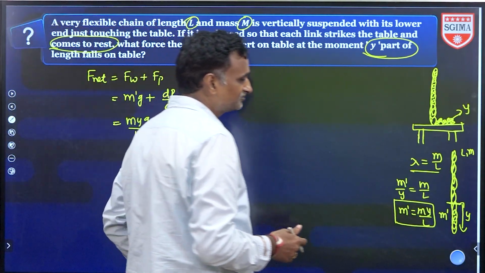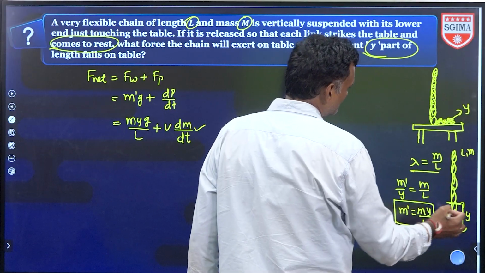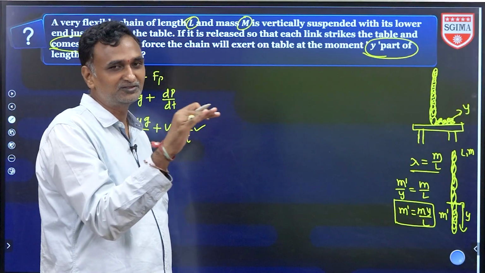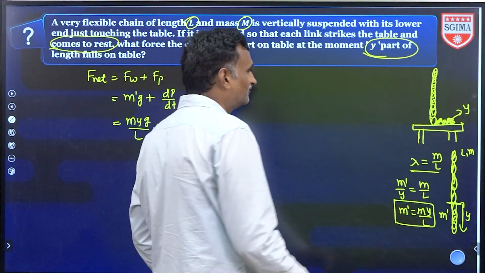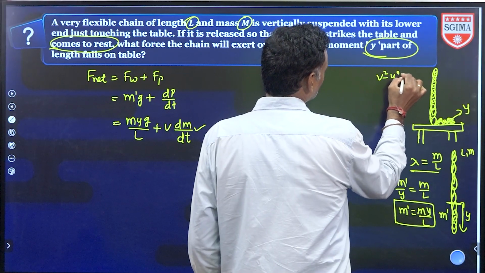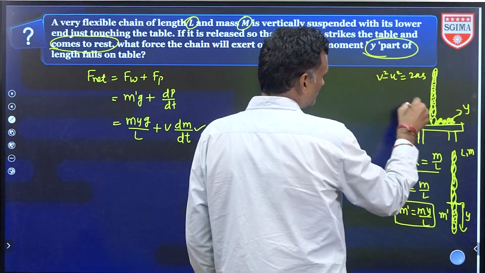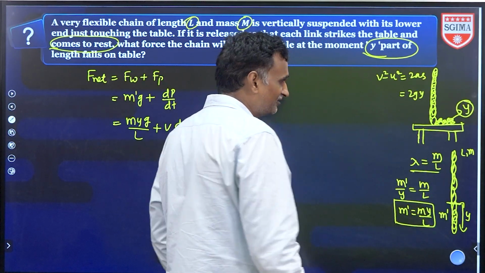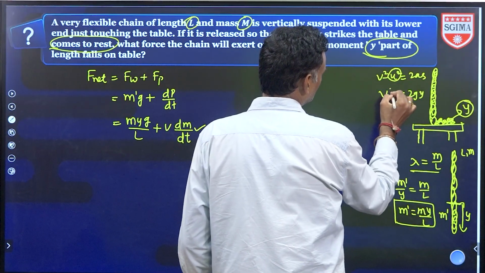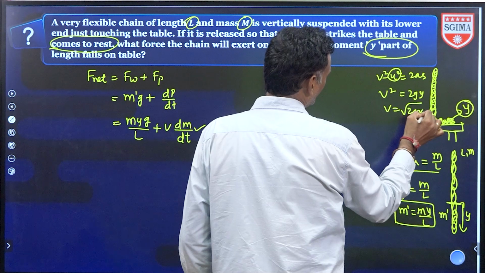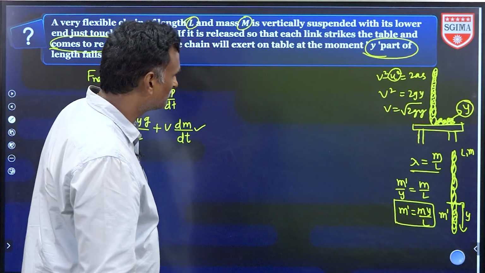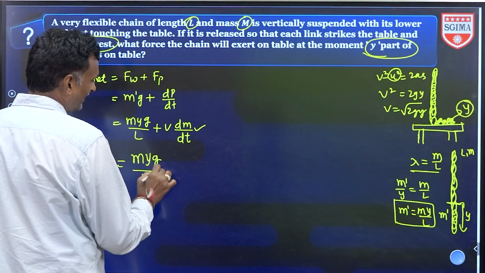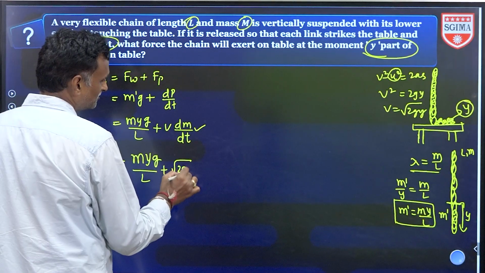But from the same height, suppose each link comes from this height and falls on the table. Whenever it falls from a certain height, what velocity will it strike with? From v square minus u square equals 2as, for downward falling, 2gy. Take y as the height it is falling from. Initial velocity is 0, so v equals root over 2gy.